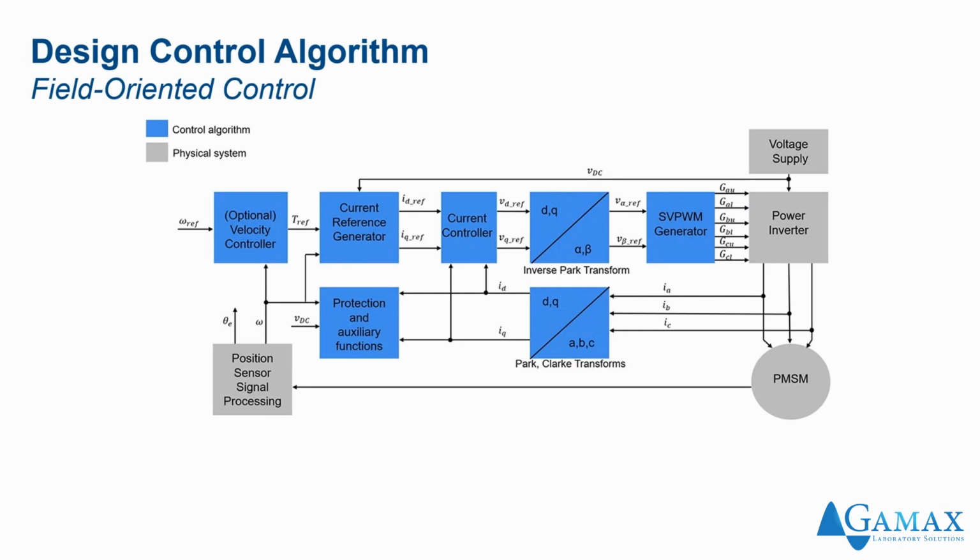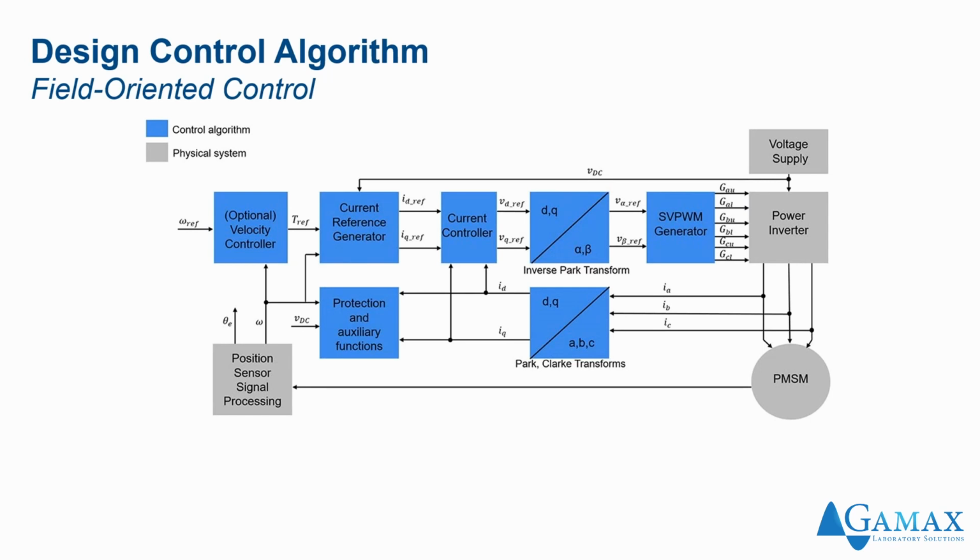The block diagram here shows a field-oriented control algorithm that includes the following components: a current controller consisting of two proportional integral gain controllers, an outer loop velocity controller, and a current reference generator.